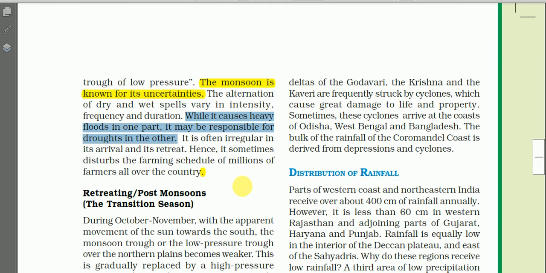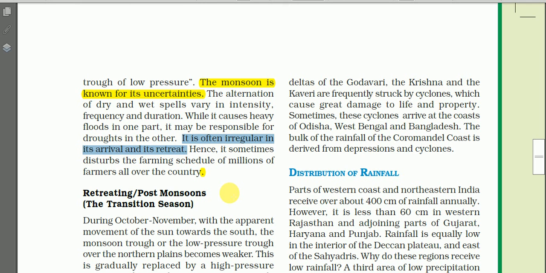Because of the monsoon rainfall, there may be flood in one part of India, but there may not be rainfall in other parts. The monsoon is often very irregular in its arrival and retreat. Sometimes in the year the monsoon may arrive too early, sometimes it may arrive late, or sometimes it may be normal.